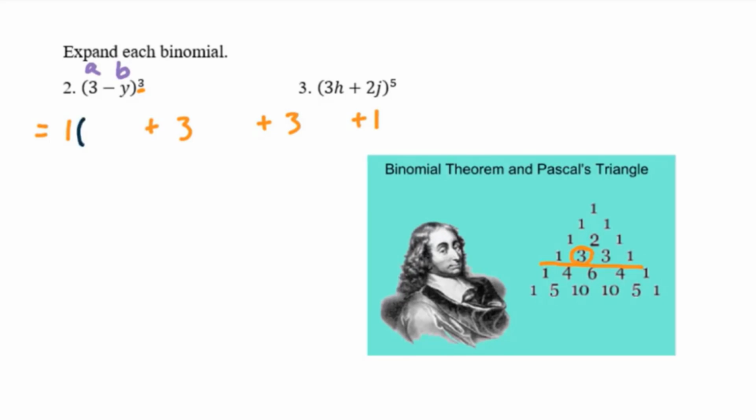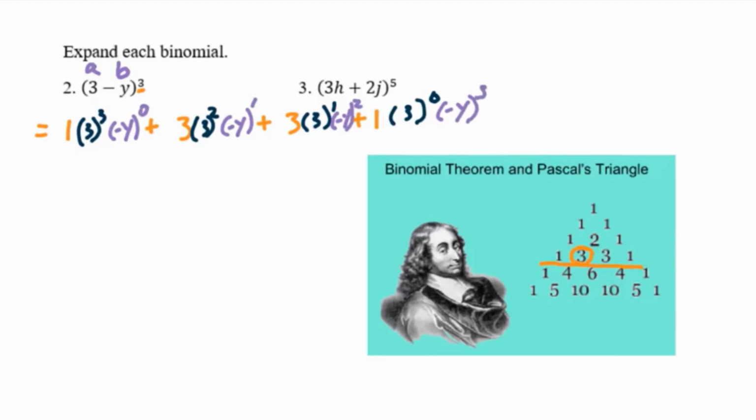Therefore, we got 3 to the third power, 3 squared, 3 first power, then 3 to the 0 power. Then go to negative y to the 0 power, negative y to the first power, negative y squared, then negative y to the third power.